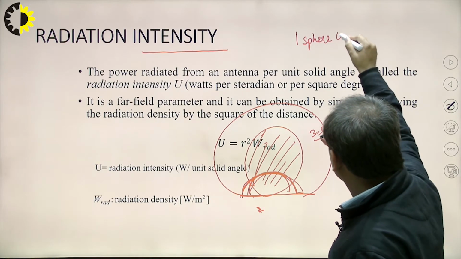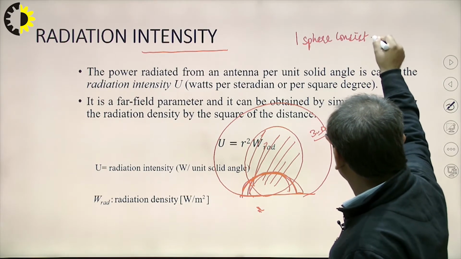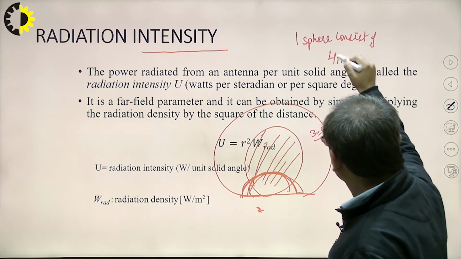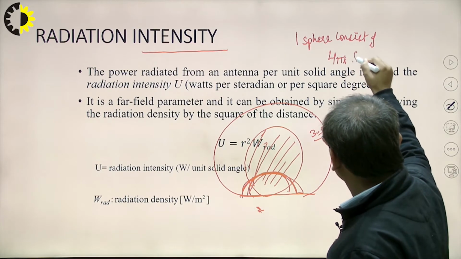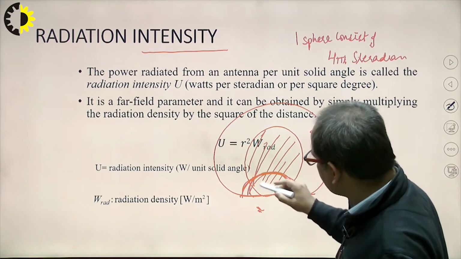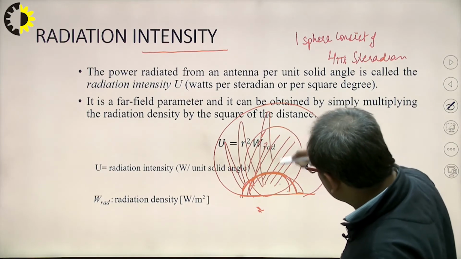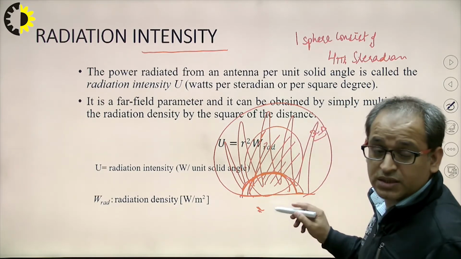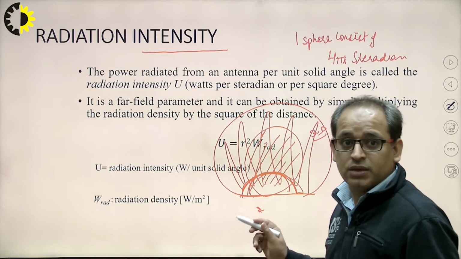consists of 4 pi steradian. So if this antenna is covering this half sphere, it covers 2 pi steradian.